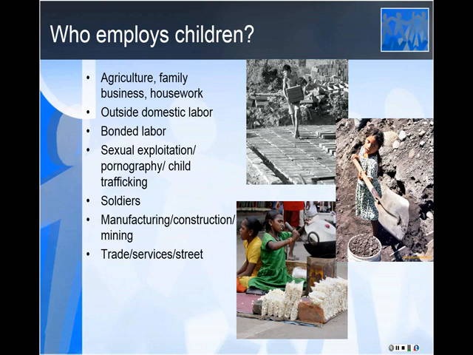And according to the International Labor Organization, work is considered to be hazardous when, quote, by its nature or the circumstances in which it's carried out, is likely to harm the health, safety, and or morals of children, end quote. It's estimated that 2 million children in India are pressed into this type of child labor.